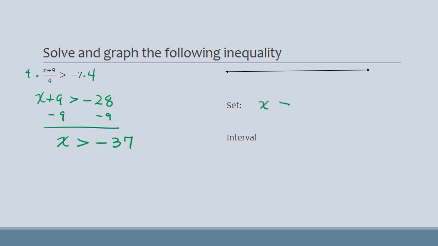So that's my set notation. My interval notation is negative 37 with the parentheses to positive infinity. So negative 38, negative 37, negative 36. I'm going to have an open circle on negative 37, and my arrow will go to the right again.